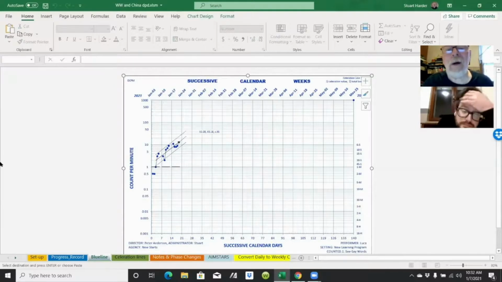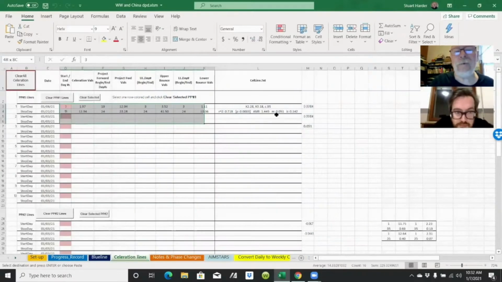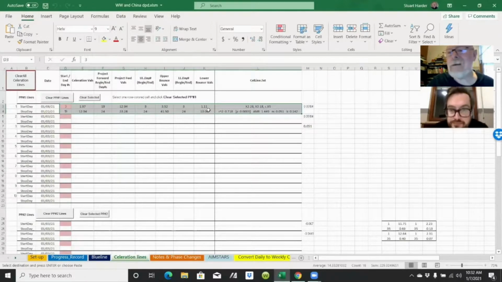So now if you want to simplify the picture on your chart, we can remove the upper and lower bounce limits by going over to the acceleration lines. You can see here on this first row of the table, this table contains all of the numbers needed to define the acceleration and bounce lines on the chart.